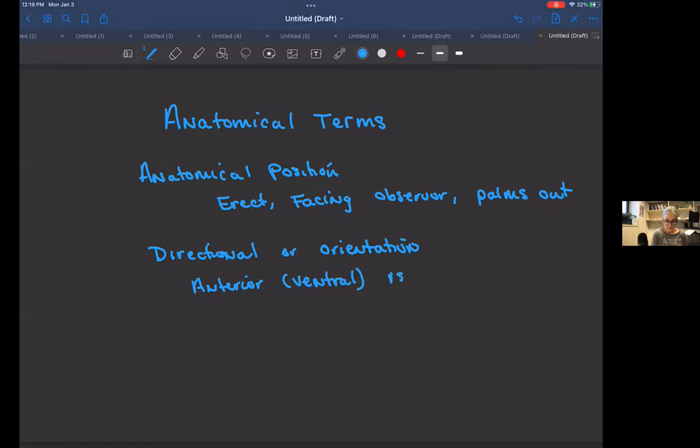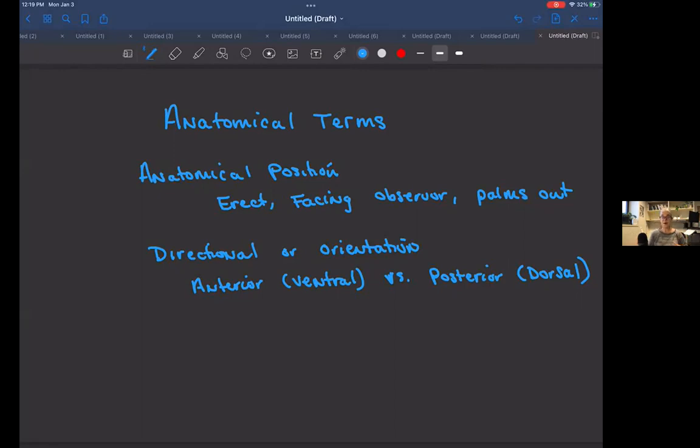This is versus posterior, which would also be called dorsal. So when we describe these, this is relative. So for example, I would say that my nose is anterior to, say, for example, my occipital lobe of my brain, which would be posterior. So it's all like one part of the body is relative to another.